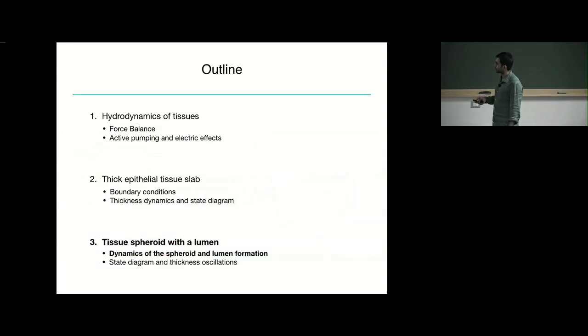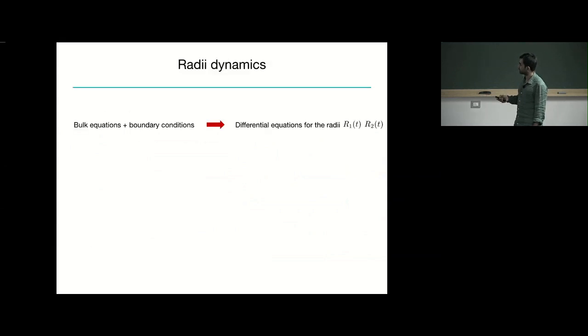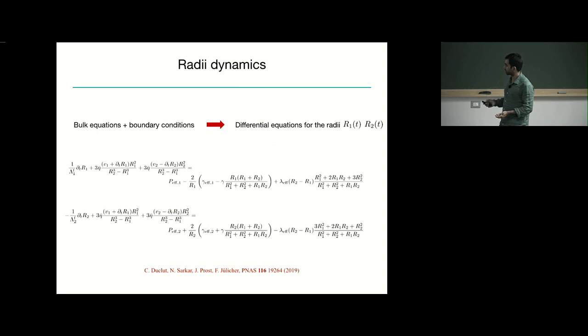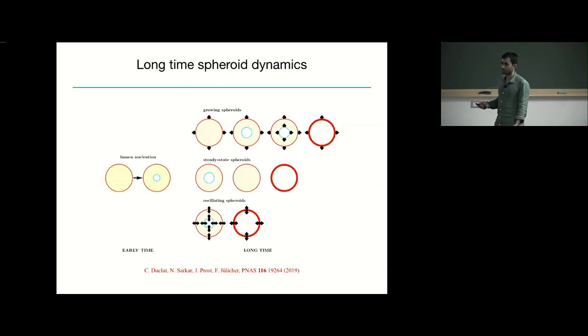Now, if you write down the dynamics of the spheroid, you write down the bulk equations, and using the boundary conditions, you get a differential equation for both the interfaces, R1 and R2. And these are the equations. You cannot solve this analytically, so we have solved them numerically. What we find is that there are a bunch of possibilities.